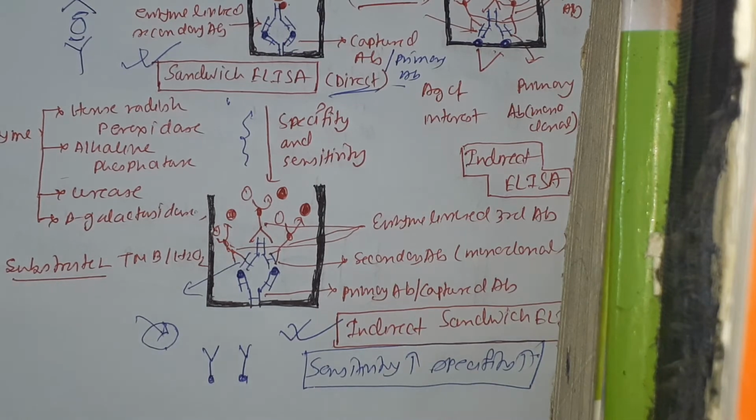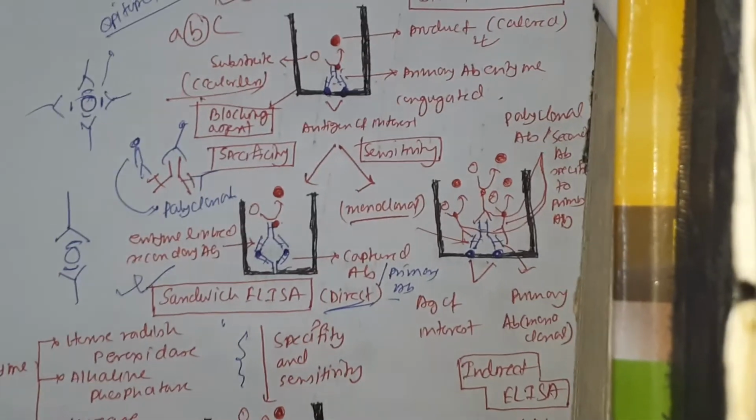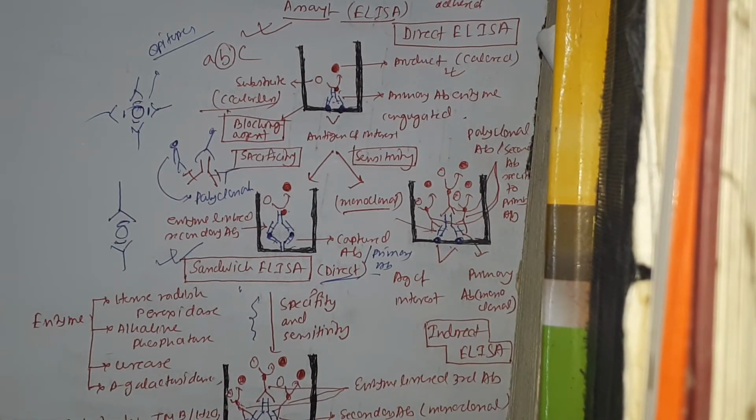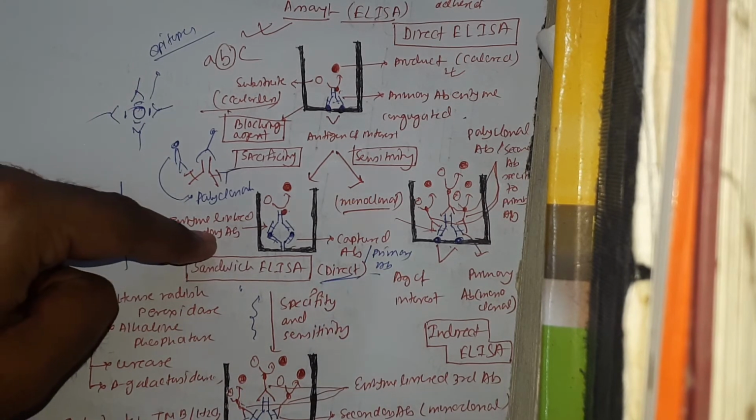So the main idea is that in our direct ELISA, only one antibody is used, and here we have two problems regarding specificity and sensitivity. The specificity problem is because the enzyme-linked antibody does not interact with our antigen of interest with a higher affinity, right? So that is the reason we have made this sandwich ELISA.